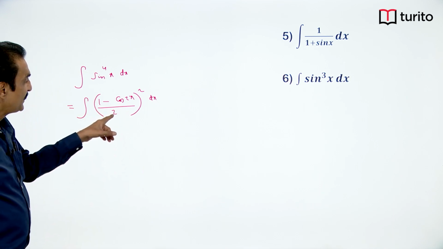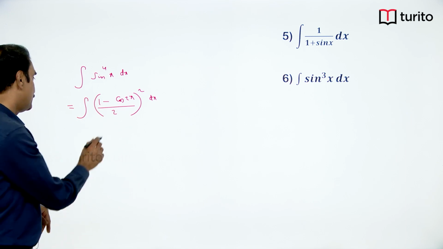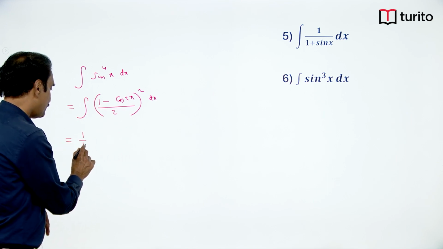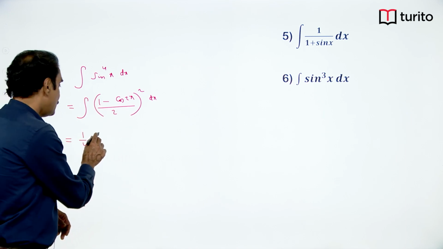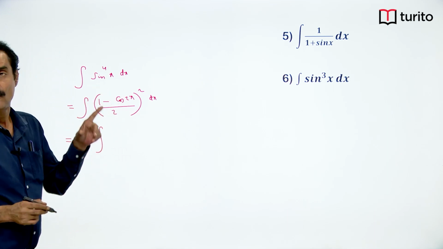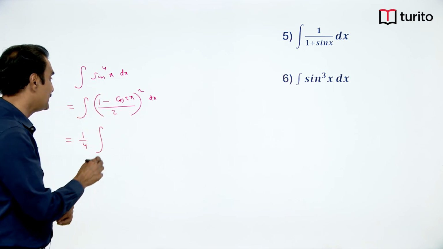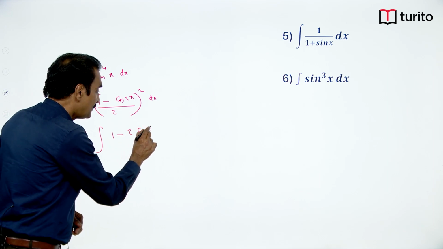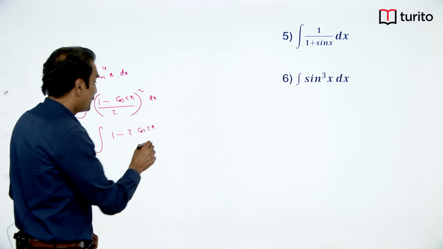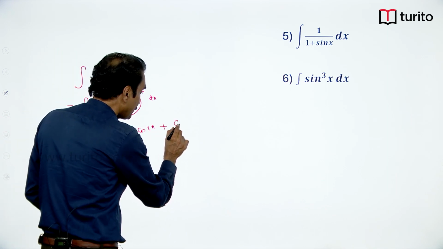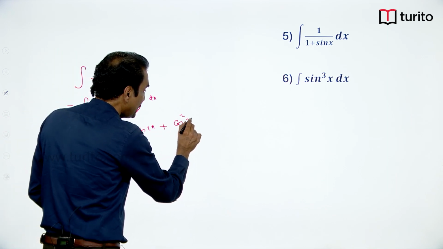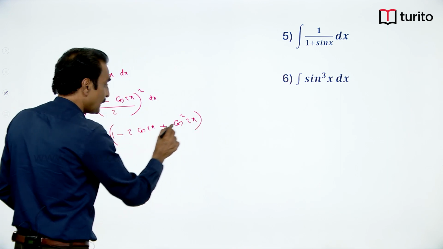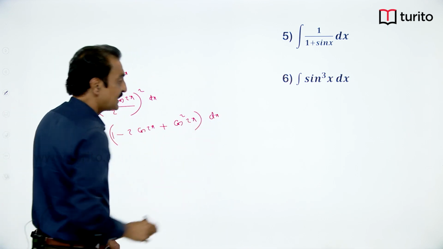Now denominator is 2 square, 4, take it out as 1 by 4, 1 minus cos 2x whole square is 1 minus 2 cos 2x plus cos square 2x dx.